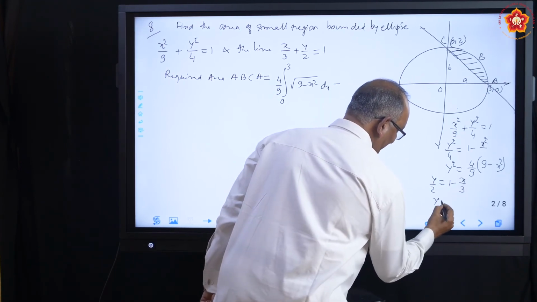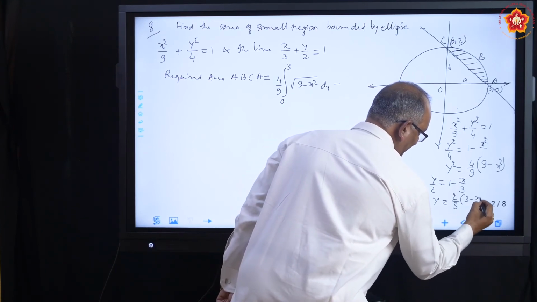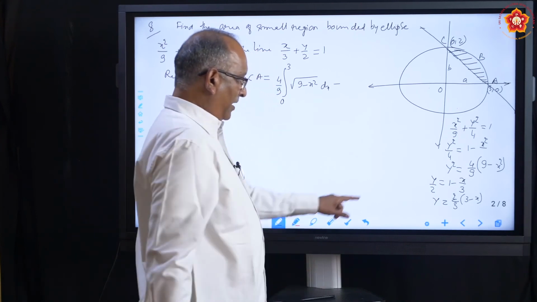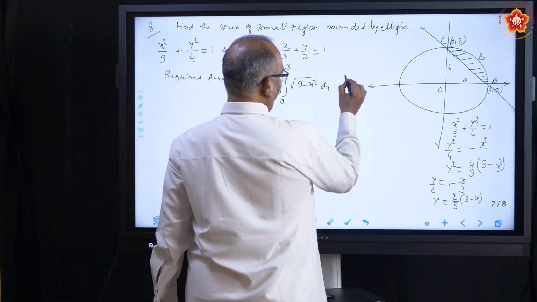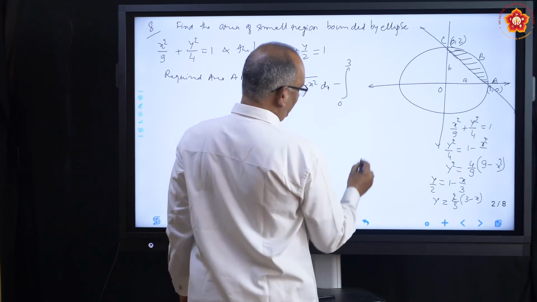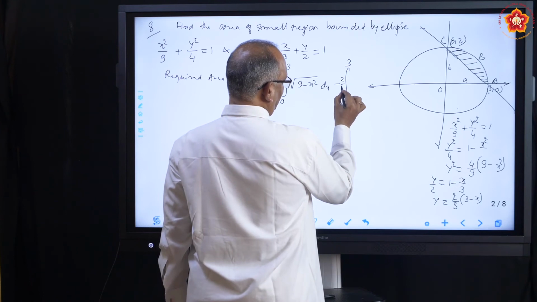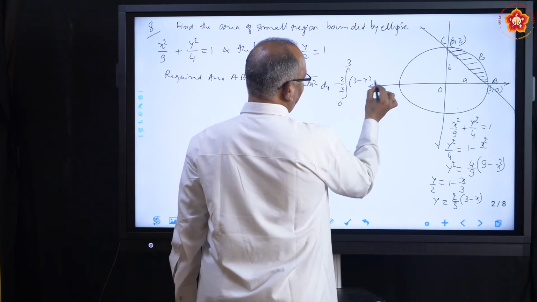So what is y? It is 2 by 3, 3 minus x. 2 will go that side, so 2 by 3, 3 minus x. So integrate that. The limits are same, 0 to 3. 2 by 3 will be out, and we have 3 minus x dx.